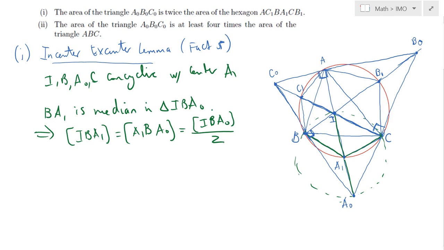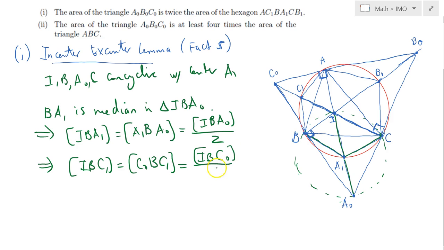But then, in a similar way, we can write each of these, so let's write that down. Similarly, the area of IBC1 is simply equal to the area of C0BC1, which is half of the area of IBC0, so IBC0 over 2.